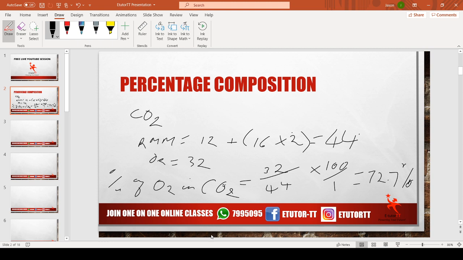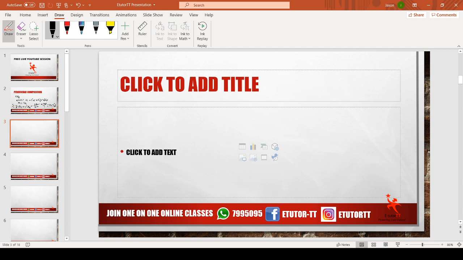So we'll move along. Let's see what else we have to work out. We move on to calculating reacting masses, solutions, and concentration in grams per dm cube and moles per dm cube.